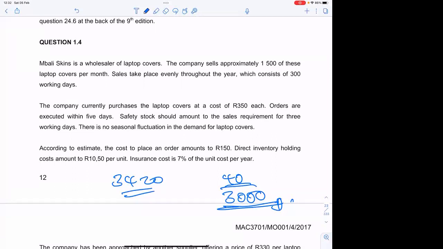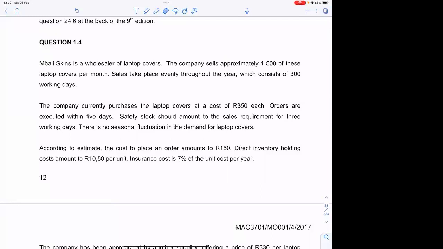But as a management accounting student, you know that the inventory cost is not only the purchasing cost, because if we order more units, it means that we are increasing the number of what? Of units that we are going to be holding. Therefore, we are increasing the holding cost. You understand? You might have saved on purchasing cost, but you have increased the what?